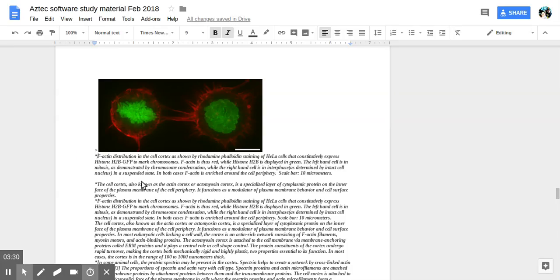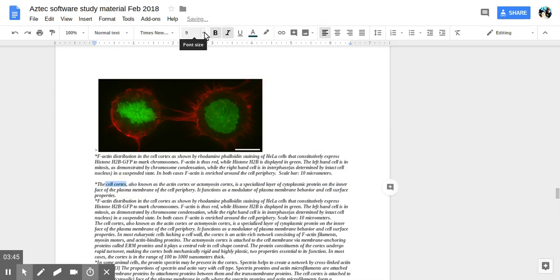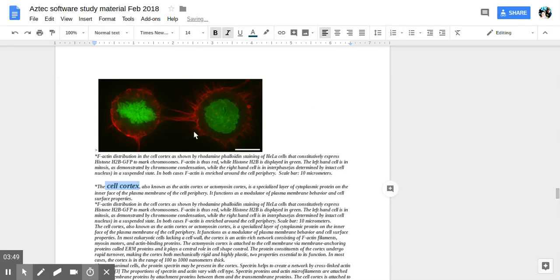F-actin distribution in the cell cortex, as shown by rhodamine phalloidin staining of HeLa cells that constitutively express histone H2B-GFP to mark chromosomes. F-actin is thus red, while histone H2B is displayed in green.